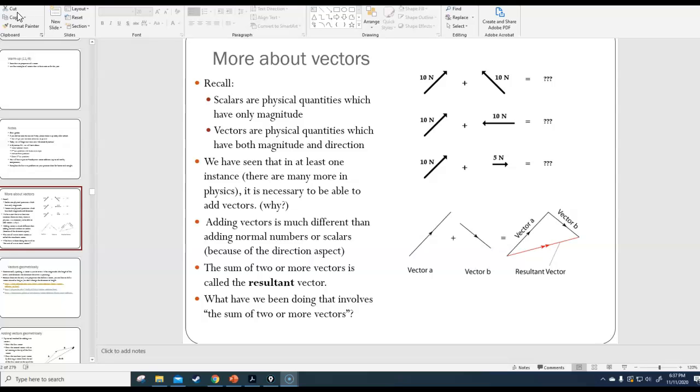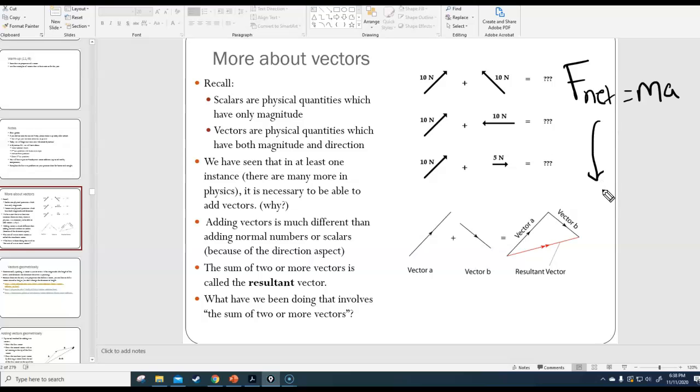Now, we have seen in the last unit at least one situation where it's necessary to be able to add vectors. The concept of adding vectors is a little bit new to us. Of course, you learned how to add numbers in elementary school, but adding vectors is a completely new concept. In the last unit, we talked about adding vectors in the context of Newton's second law, because Newton's second law says that the net force on an object is equal to its mass times its acceleration.